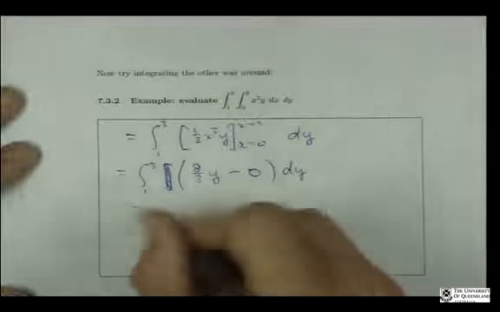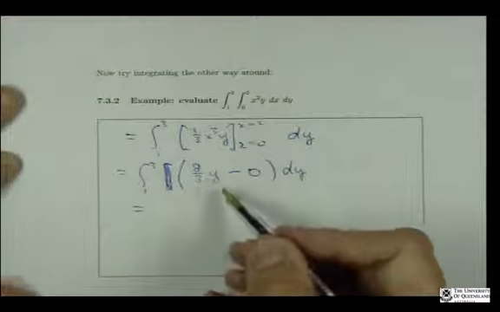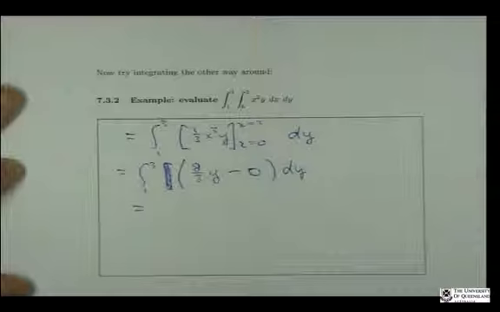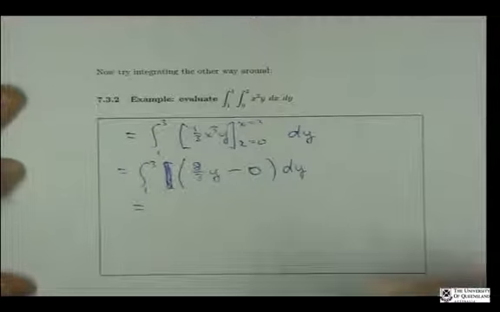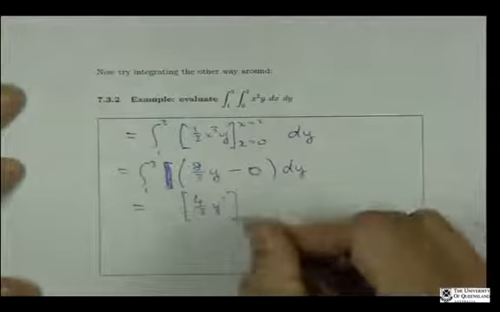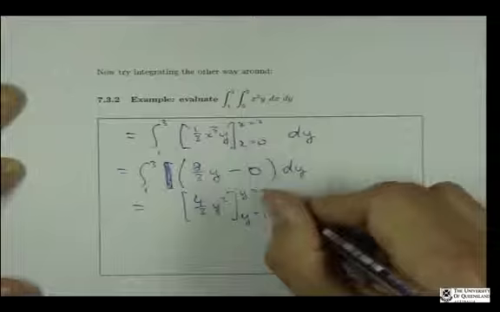All right, so now we've just got this integral with respect to y from y equals 1 to y equals 3. So now it's just a definite integral of a function of a single variable. So that's just 4/3 y squared evaluated from y equals 1 to y equals 3.